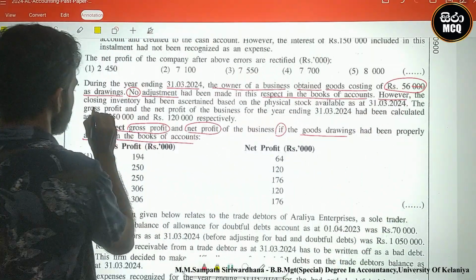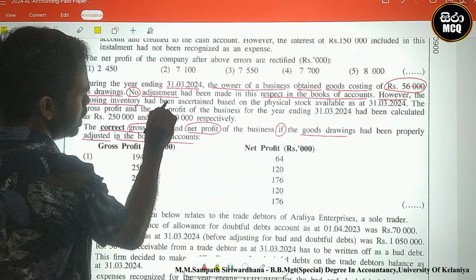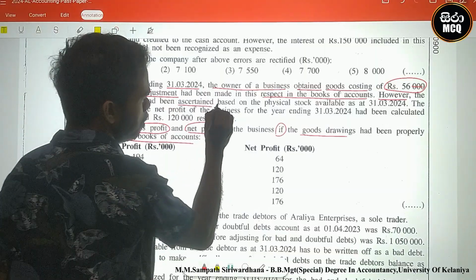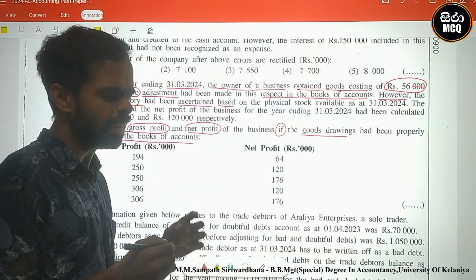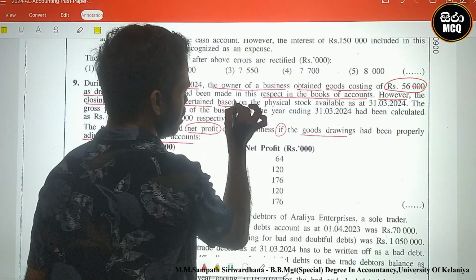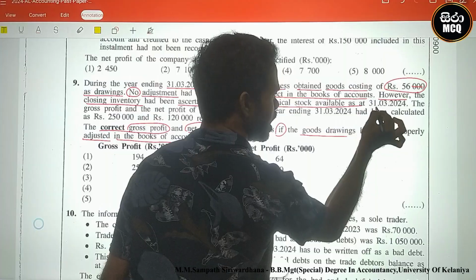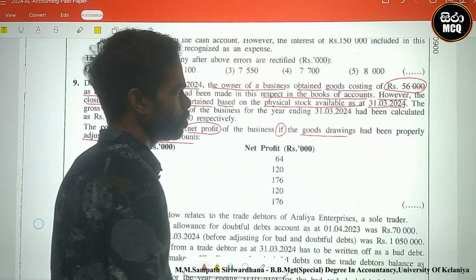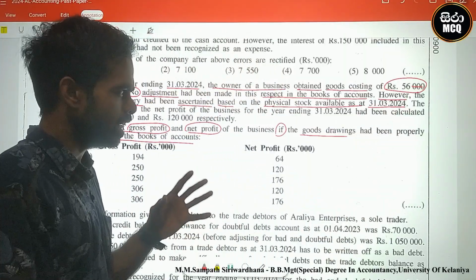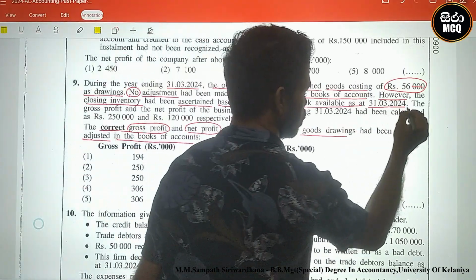However, the closing inventory had been ascertained, meaning calculated, based on the physical stock available as at 31st March 2024. This is not a direct impact, but it is the crucial point.